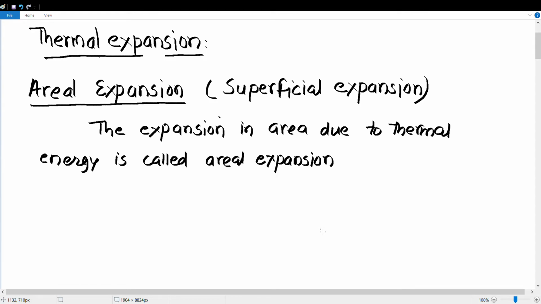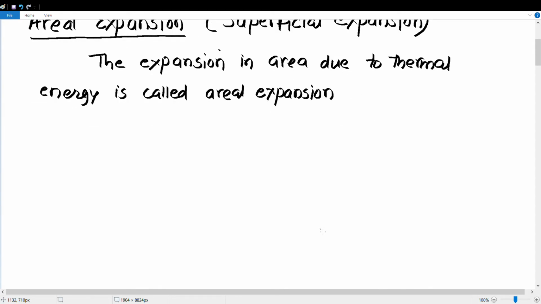Now let us consider we have a plate. Suppose this is our plate whose area is A, and now thermal energy is provided to it so that its area increases. The increase in area is shown by these dotted lines.